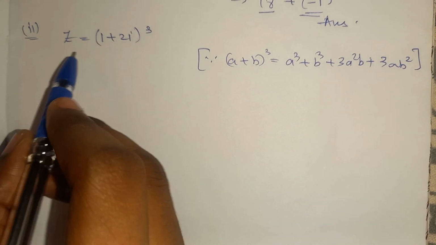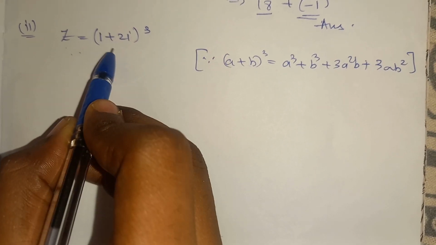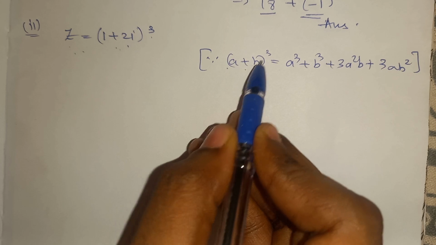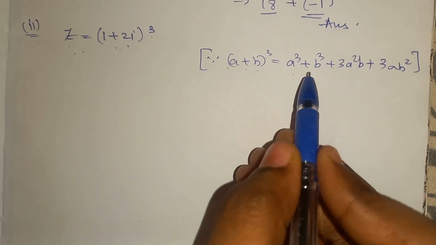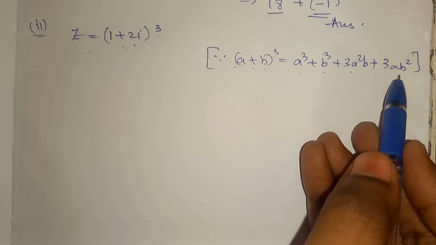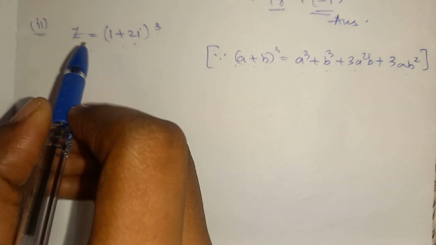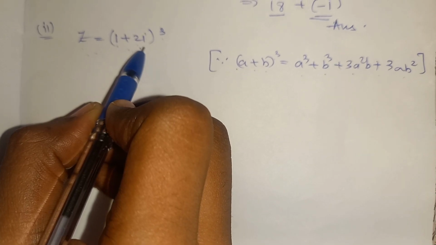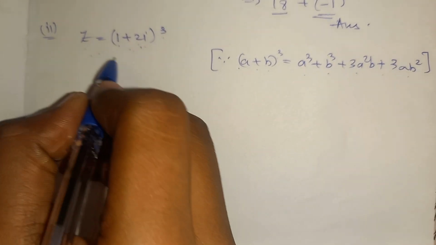Second sum, given z equals (1 plus 2i) whole cube. We know that (a plus b) whole cube is equal to a cube plus b cube plus 3a square b plus 3ab square. So here a is nothing but 1 and b is nothing but 2i. So we'll expand this.